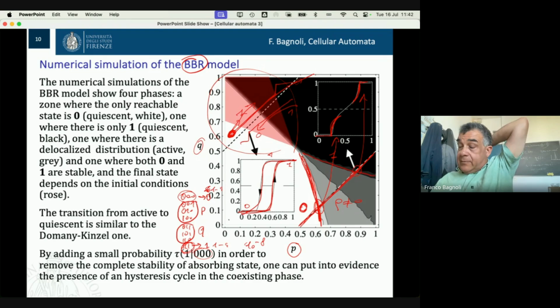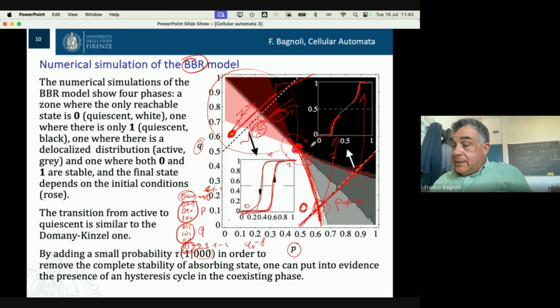And so in this model, you can have both continuous and discontinuous transitions. Moreover, in this point, we have a transition from a state in which you have two symmetric absorbing states into an active state, for instance, if you go in this direction.